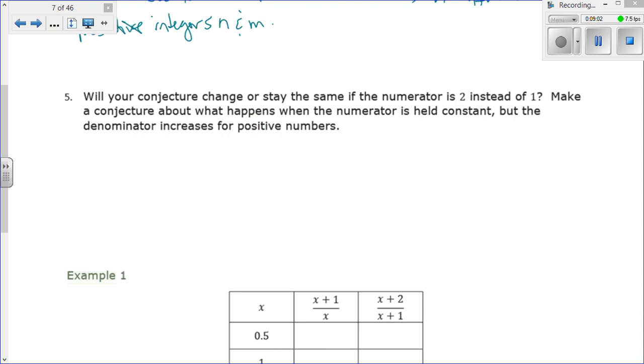So again, the larger your denominator gets, the smaller your fraction gets. Since you're going to keep the numerator at 2, it's still going to be a proper fraction, and it's still going to be a larger number. So my conjectures will stay the same.